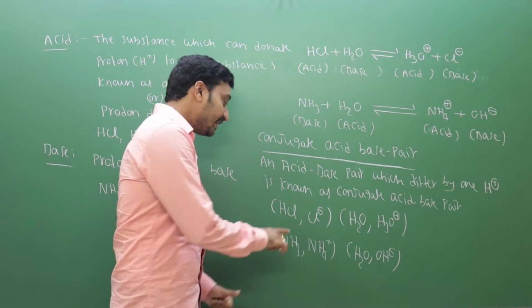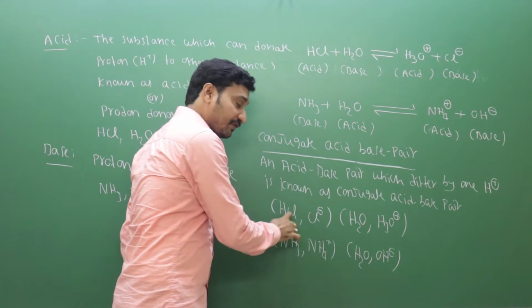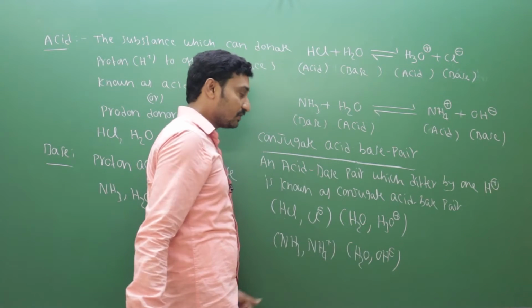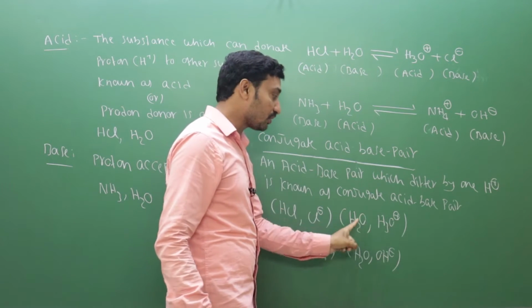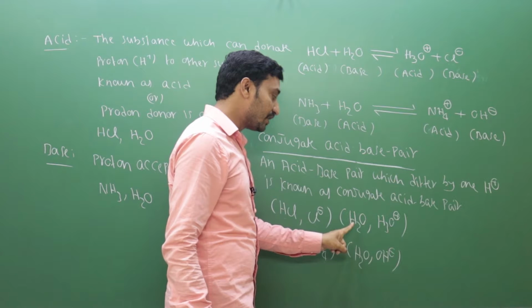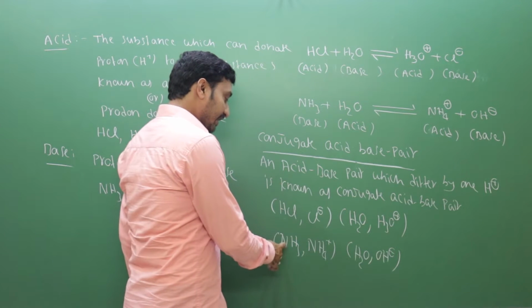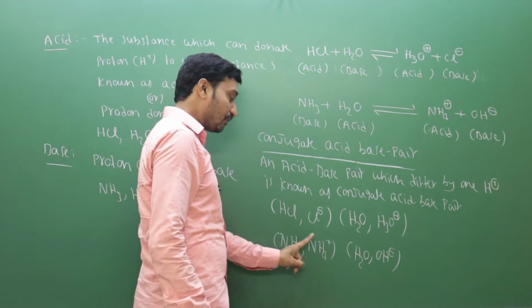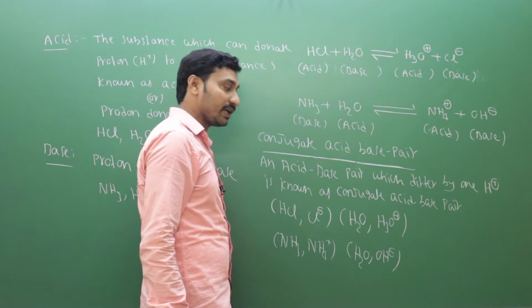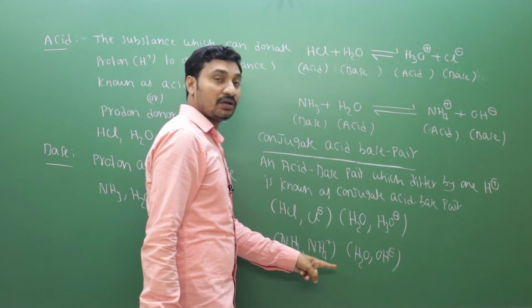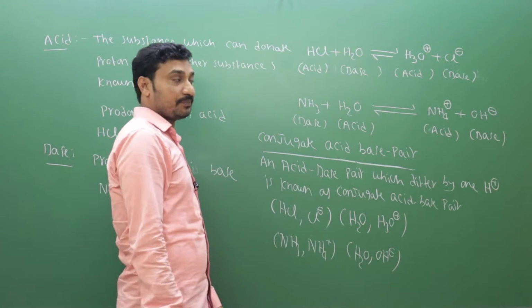Acid and base differ by one proton. H2O and H3O plus differ by only one proton: H2O has 2 hydrogens, H3O plus has 3 hydrogens. NH3 and NH4 plus differ by one proton. H2O and OH minus differ by one proton. So these are all conjugate acid base pairs.